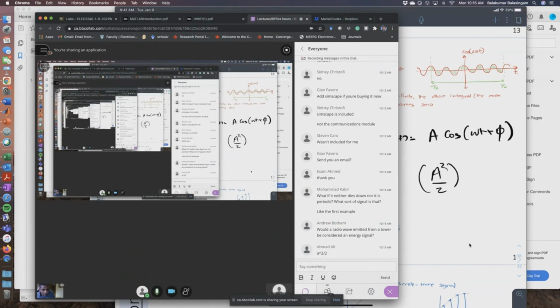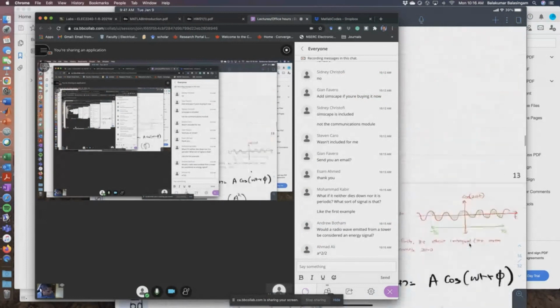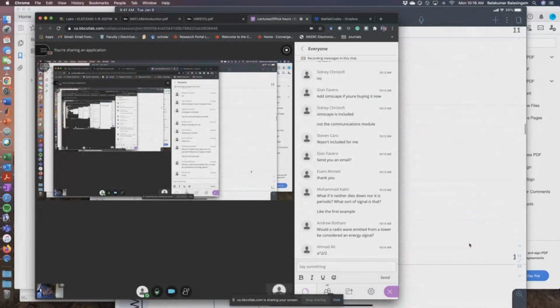Would a radio wave emitted from a tower be considered an energy signal? No, it's not energy. It's a power signal. Why? What do they transmit from a radio tower? They send a signal like this. Mostly it is sinusoid. There are two types of transmission. One is analog, very rare, but it is still there.